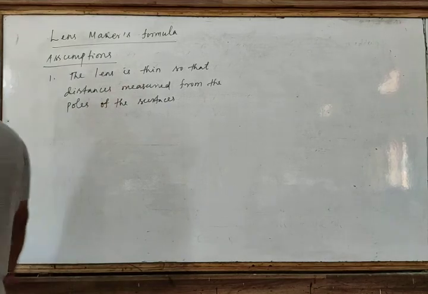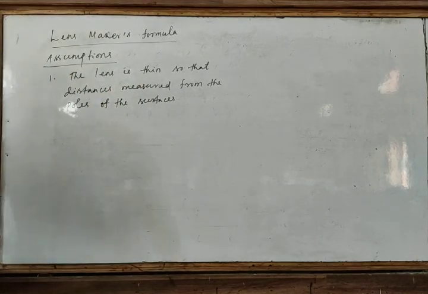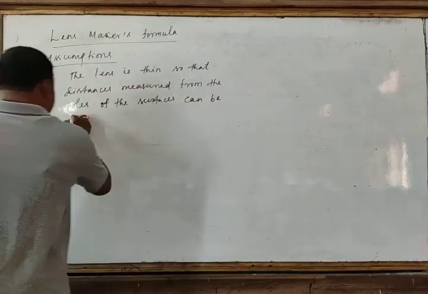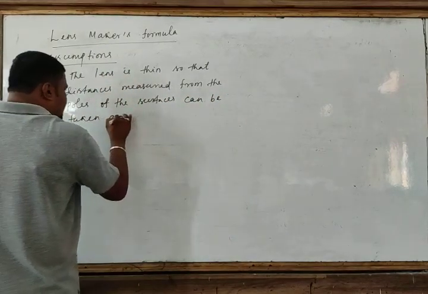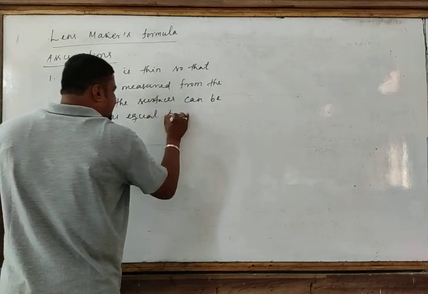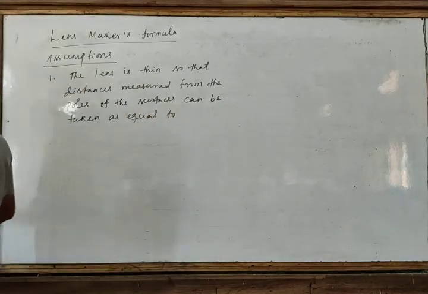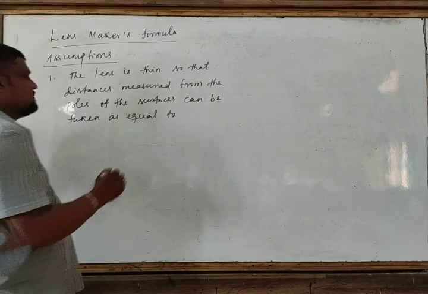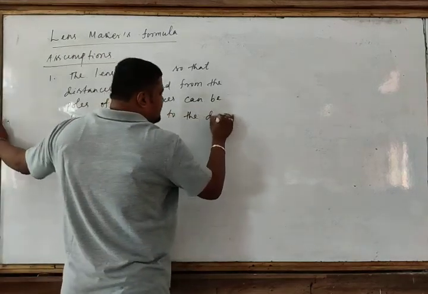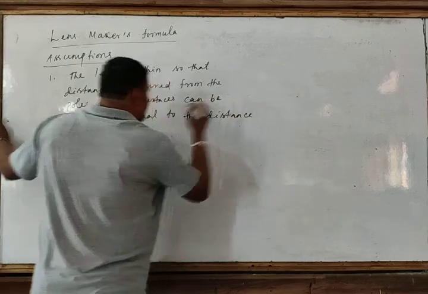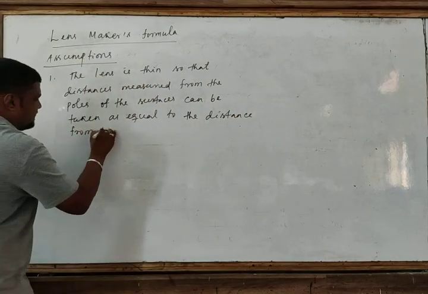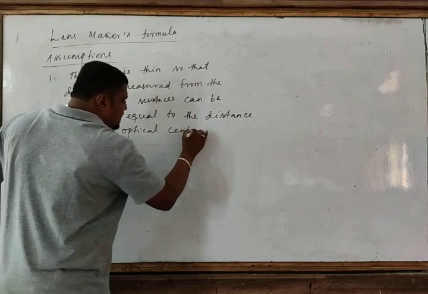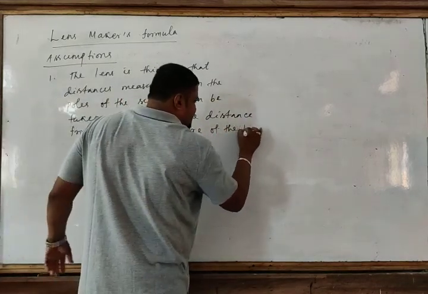The distances measured from the poles of the surfaces can be taken as equal to the distance from the optical center of the lens.